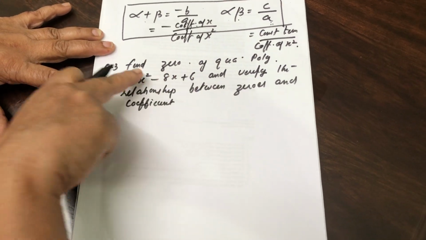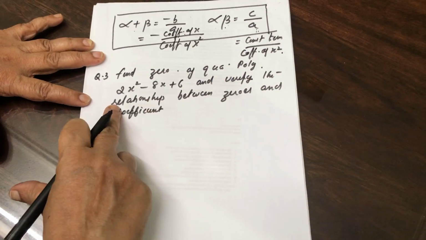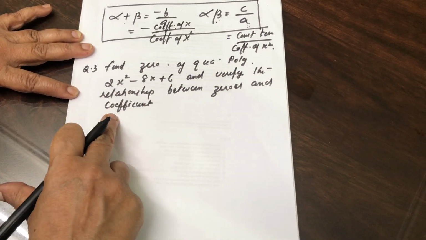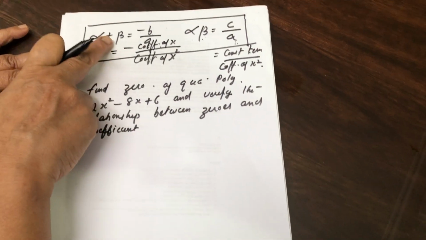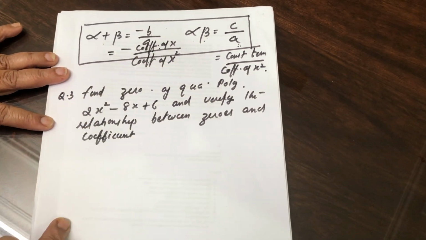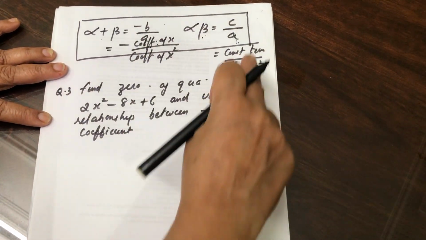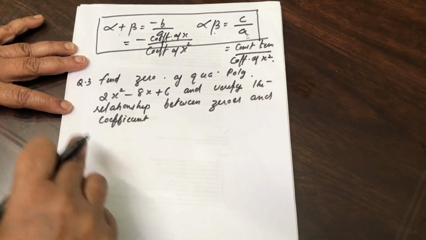So we have to find out the zeros of this, and then you have to verify the relationship between zeros and the coefficients. That is, the relationship is alpha plus beta is minus coefficient of x divided by coefficient of x squared, and the product of zeros is constant term by coefficient of x squared. That you have to verify.